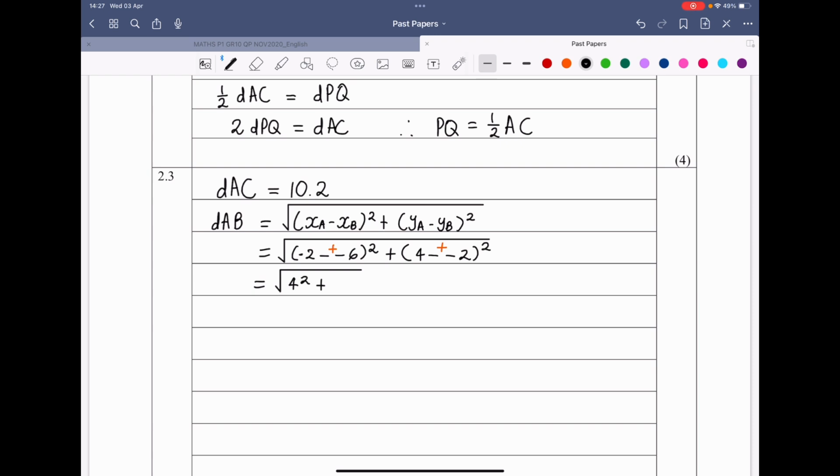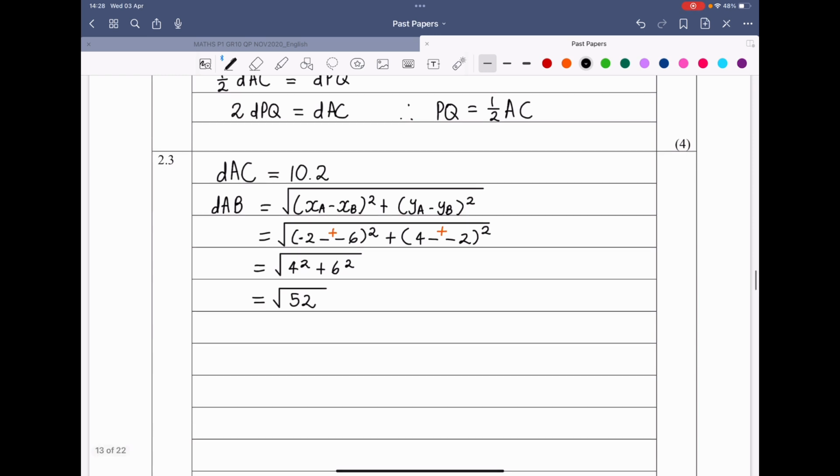And then for the second one, I'm going to have 4 plus 2, which is 6 squared. And 4 squared is 16, and 6 squared is 36. So 16 plus 36 is equal to 52. And that's my answer. Root 52 is the answer for the distance of AB.